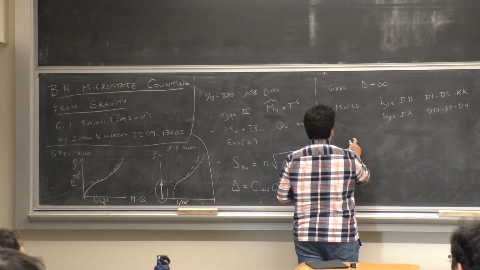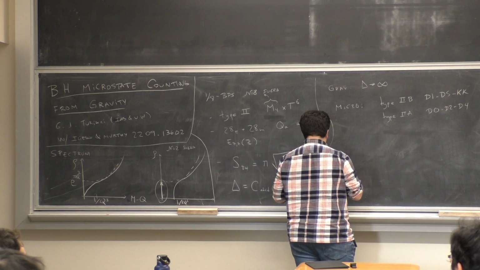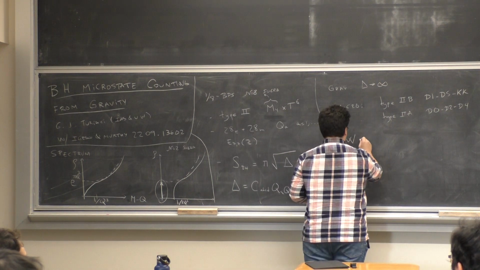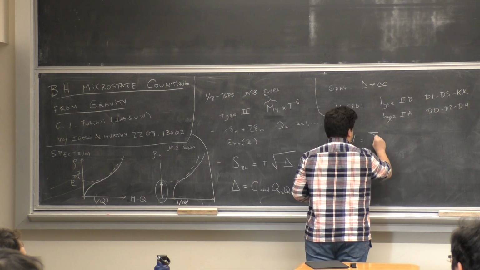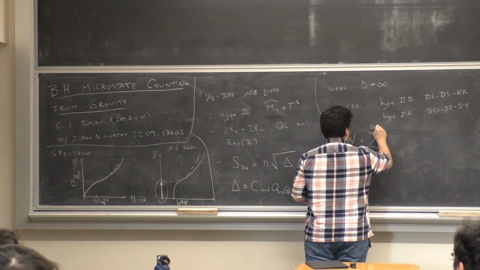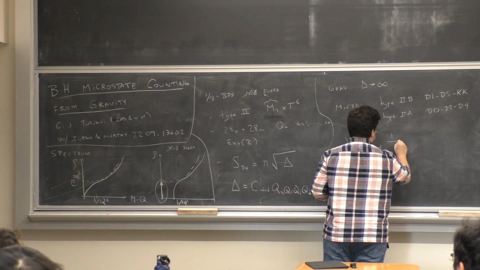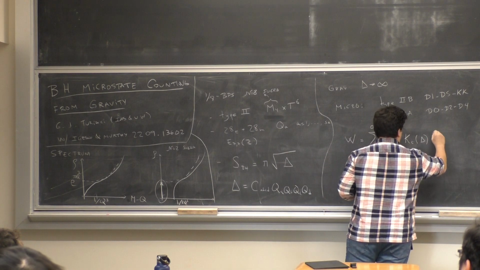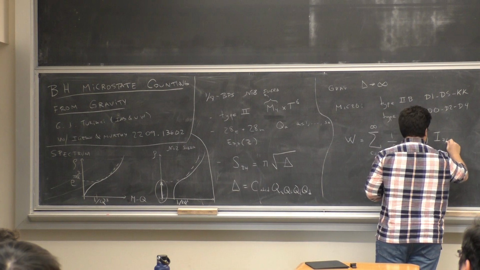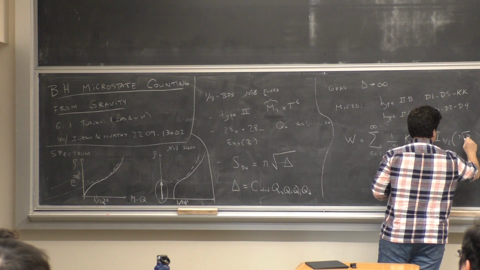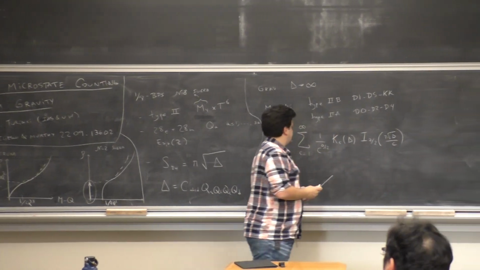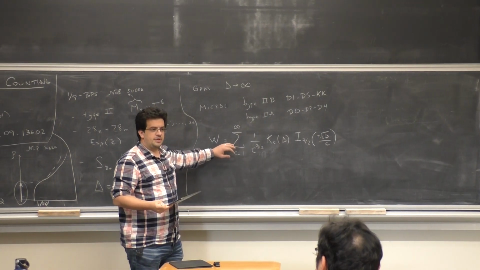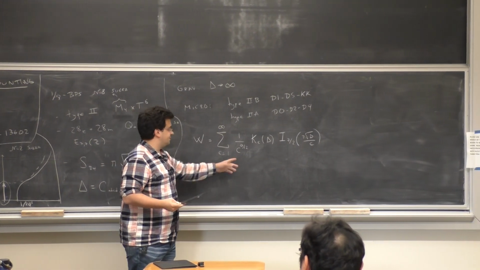Let me write the answer from string theory, from the microscopic approach. I will write W, which is the index of these black holes, and up to some numerical prefactors that I'm not going to write, it is given by this formula. It's a sum over an integer c that goes from 1 to infinity. So it's an integer that amazingly can be written in this way. This is just a prefactor.